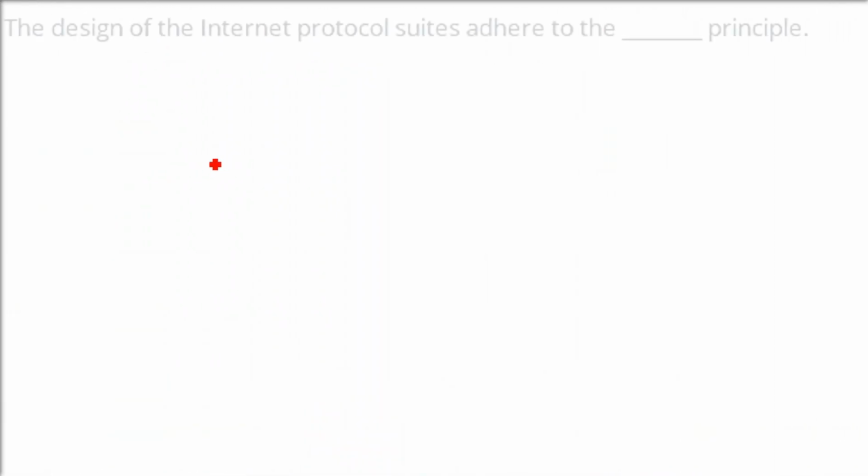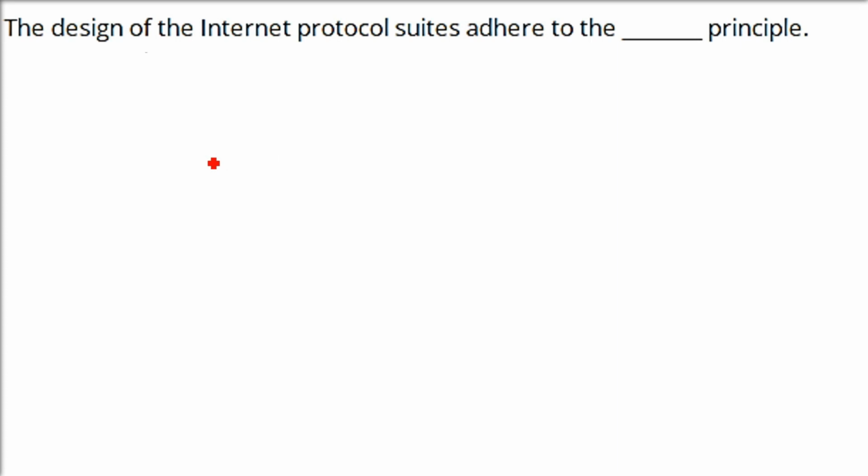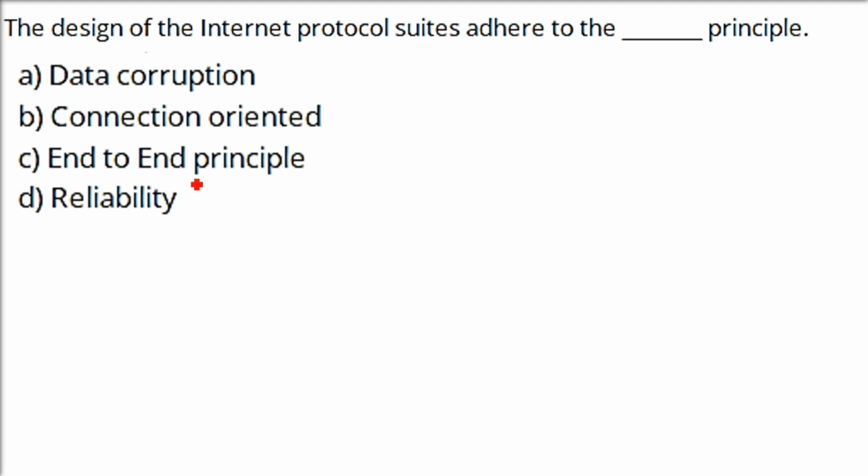The design of the Internet protocol suite adheres to the principle. Now the whole idea is that if I give you a packet to deliver to somebody, until he receives it, the communication is not done, not possible, or not successful. So we have the ISO OSI layer stack from application to physical layer. Say one is device 1, one is device 2.